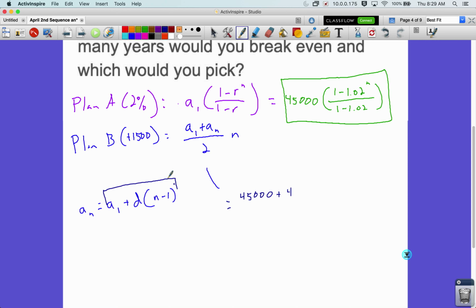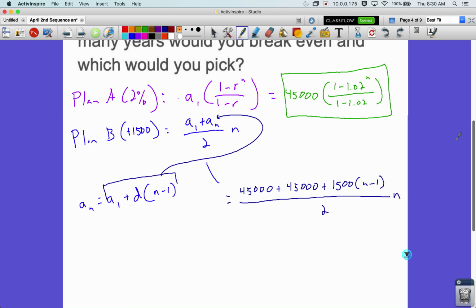Let me just draw an arrow here so we see where this is going. Plus our common difference of 1500 times n minus 1, all over 2, and then there's an additional n down in front.